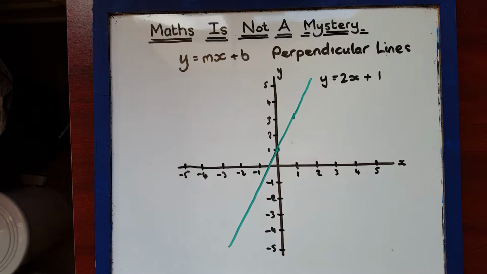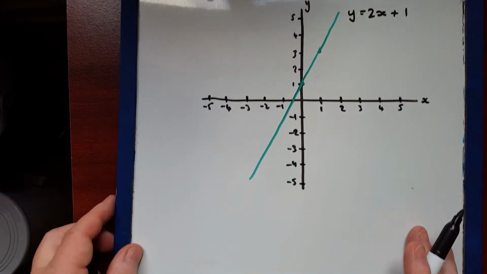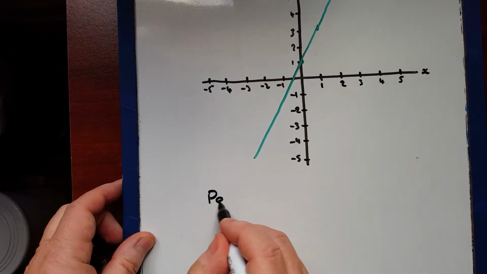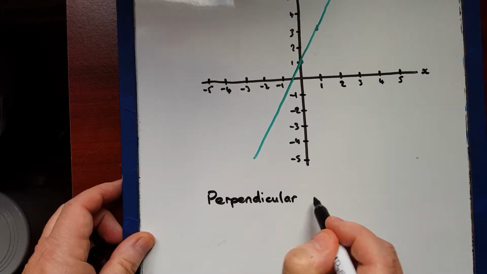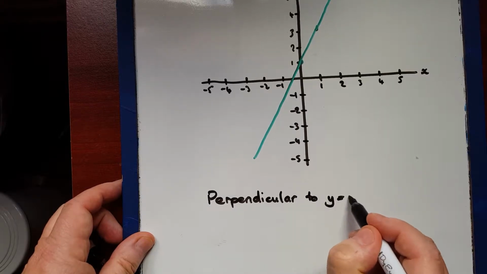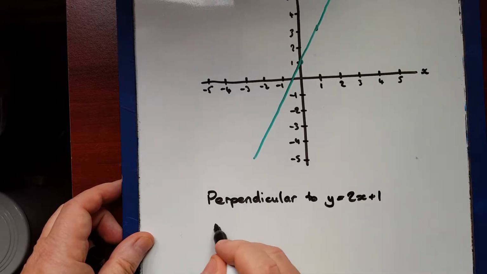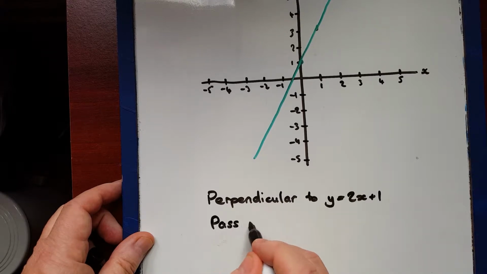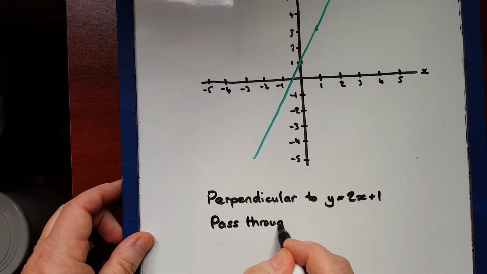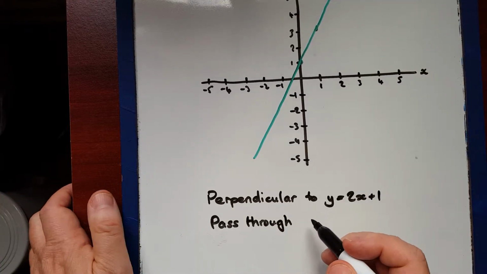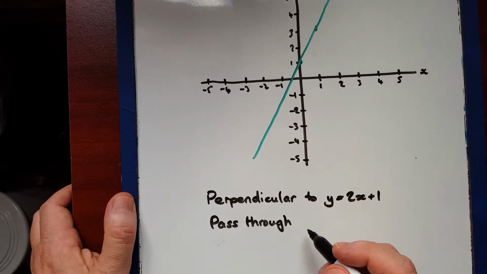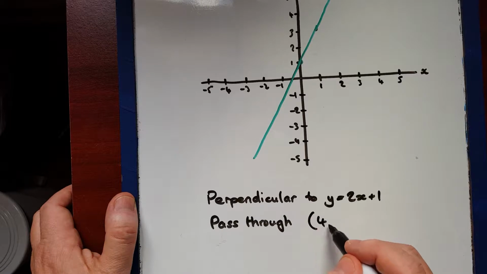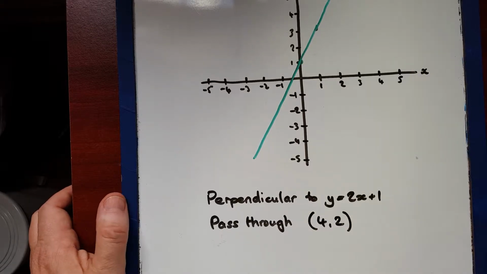So what we're going to do is find a line that's perpendicular to y equals 2x plus 1, and it needs to pass through a point. Let's choose a nice little place for it to go. It can go through the point 4, 2.